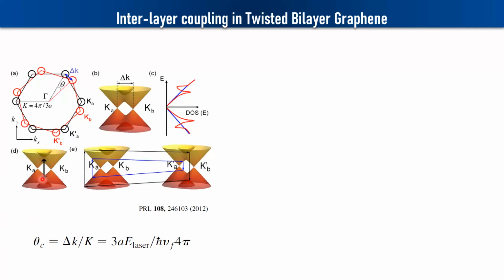Suppose you are exciting with a 532 nanometer laser, that is around 2.3 eV. Then the separation between these van Hove singularities is 2.3 eV, and there will be a huge increase in the G band resonance. So this gives rise to a resonant Raman feature.